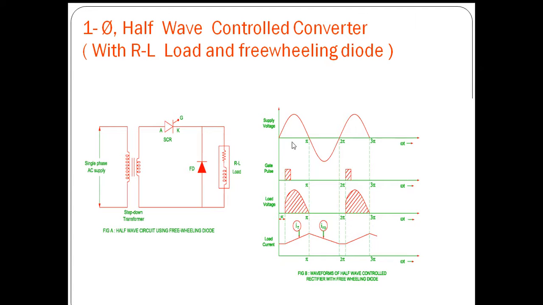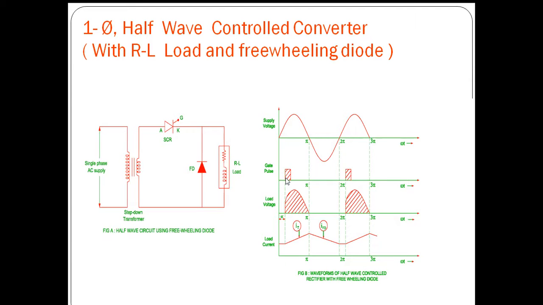That means in the positive half cycle, when we provide the gate signal, the device will be in conduction. From 0 to pi, the device is forward biased, but the signal is not applied for a small duration, so the output voltage will be 0.